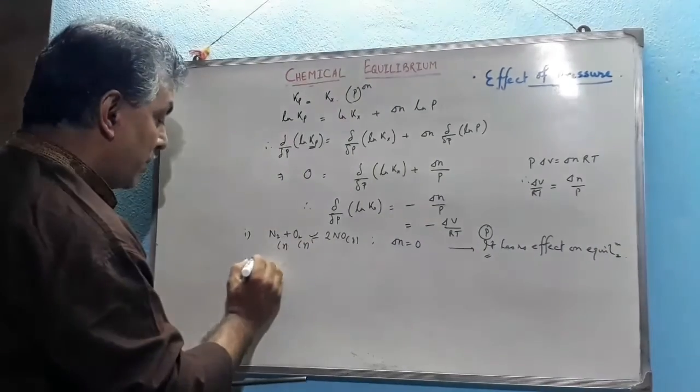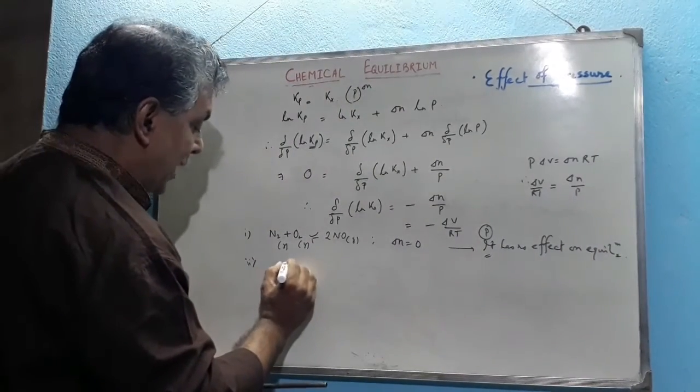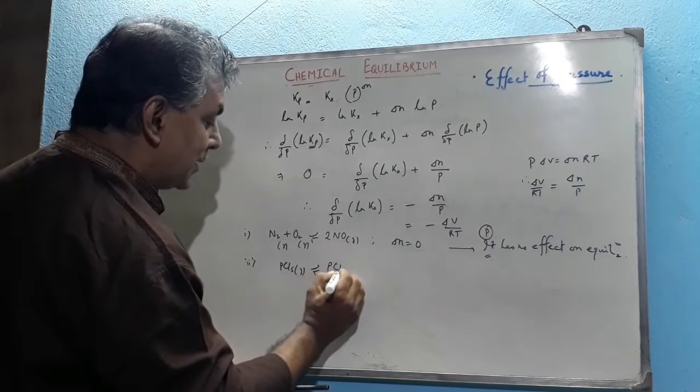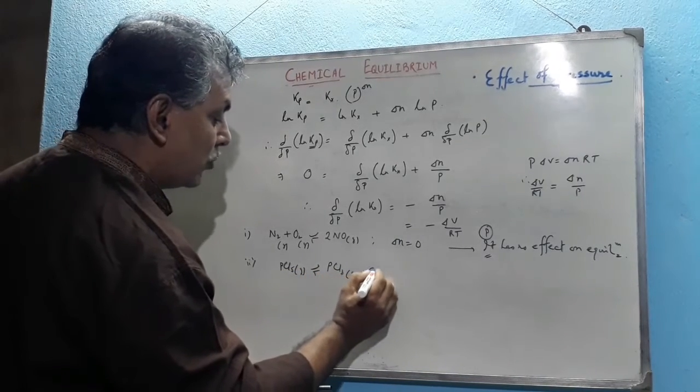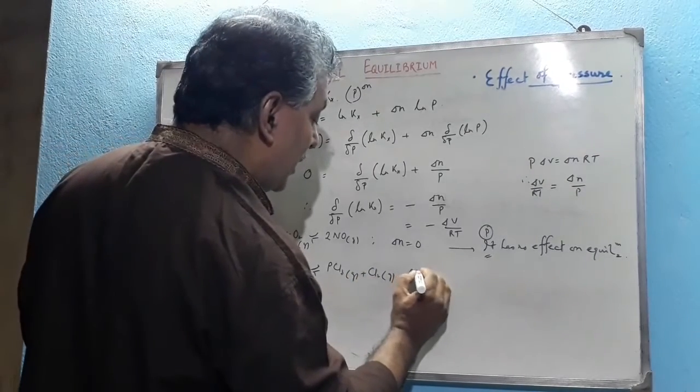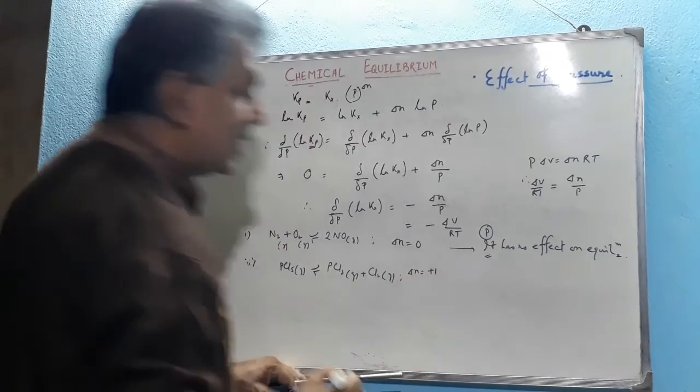Case number 2: suppose PCl5 in gaseous state is reversible to form PCl3 gaseous plus Cl2 gaseous. Here, for this particular equilibrium in a closed container, Δn is equal to plus 1. That means Δn is positive.